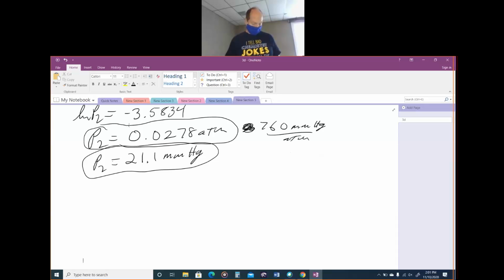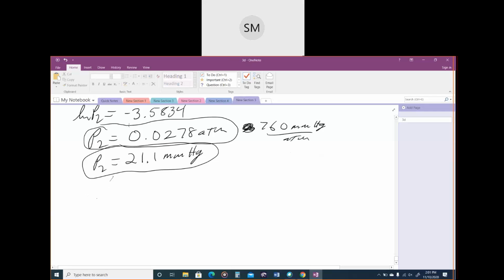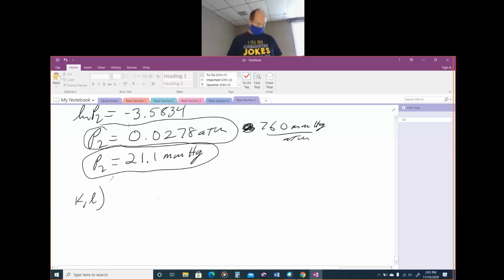Calculate the vapor pressure at 20 degrees Celsius. So now we have the vapor pressure of the 2.5% of the KI. All right. And then calculate the vapor pressure lowering. K and L I'm going to do together, okay, because my favorite equation to use is the vapor pressure lowering is equal to i times the mole fraction of your KI times the pressure of your pure water.